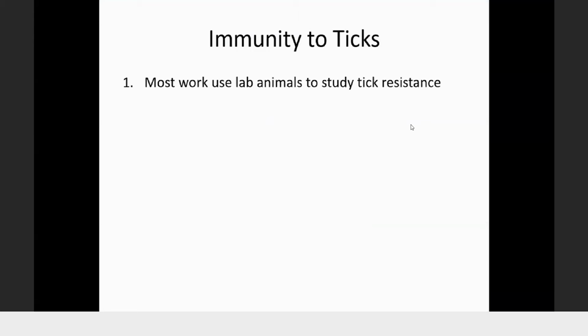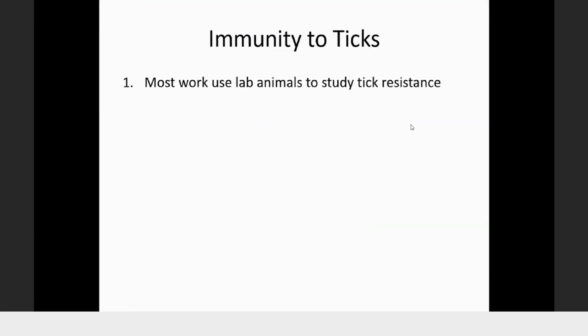Many studies have been done to study the pathway of immunity towards ticks. However, there are still debates on how exactly the immune response pathway towards the ticks works. So there are various studies which say different kinds of things.